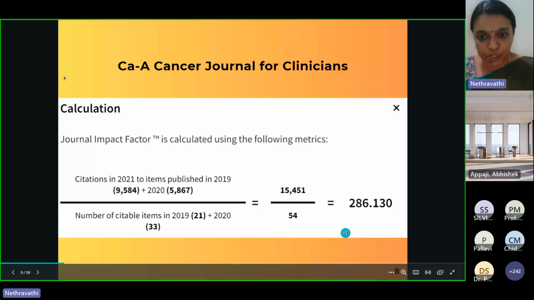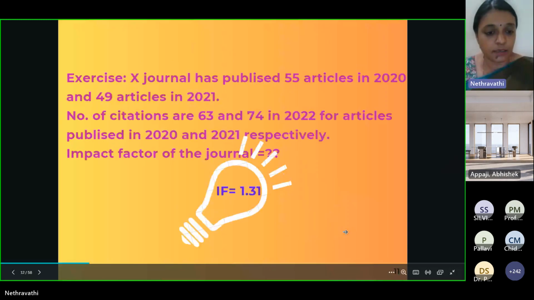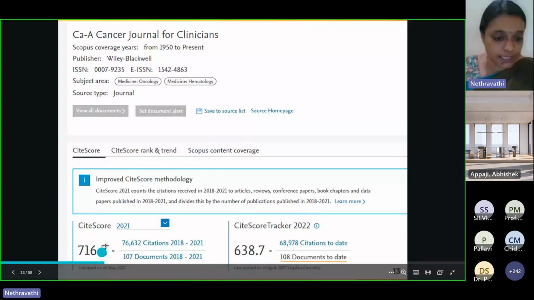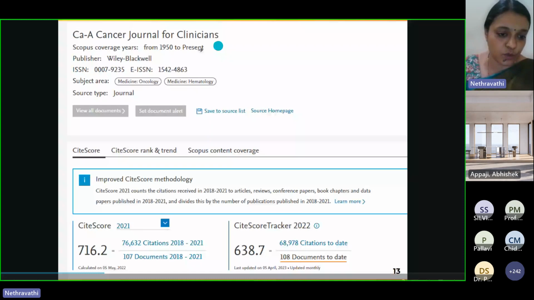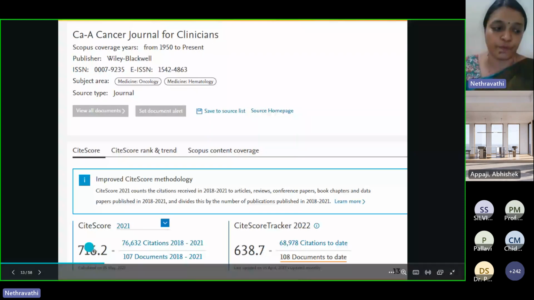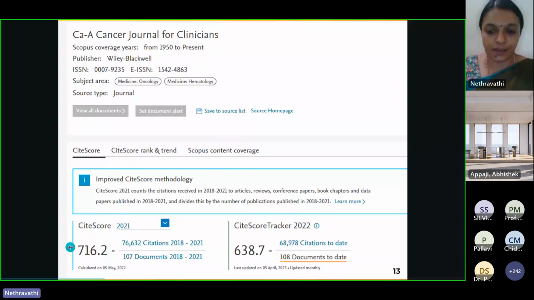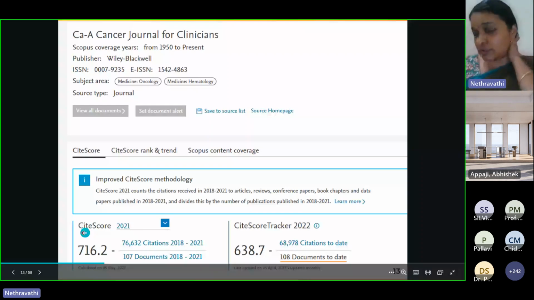The same journal has a CiteScore, which you can see here at the bottom, of 716.2. So basically it is like two faculties evaluating the same exam book. The difference is that the formulas differ.